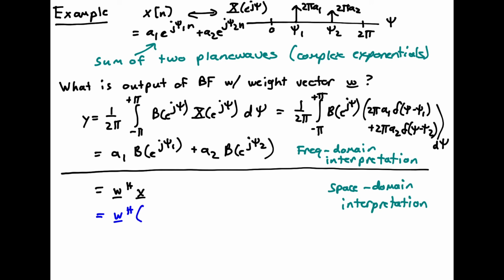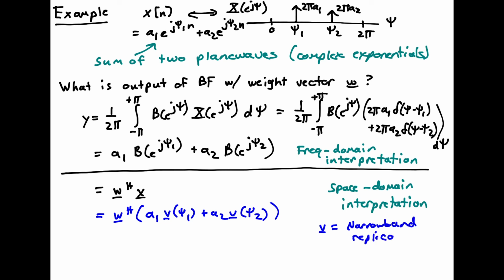Well, now x is equal to a1 v of psi 1 plus a2 v of psi 2. The measurement vector x that we would get, we can write in terms of the narrowband replica vector, where v is a narrowband replica vector.